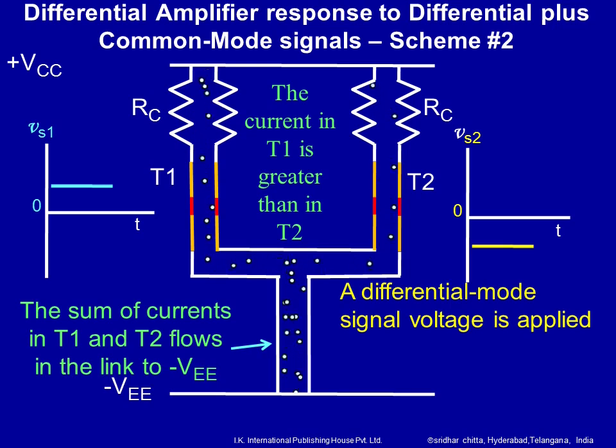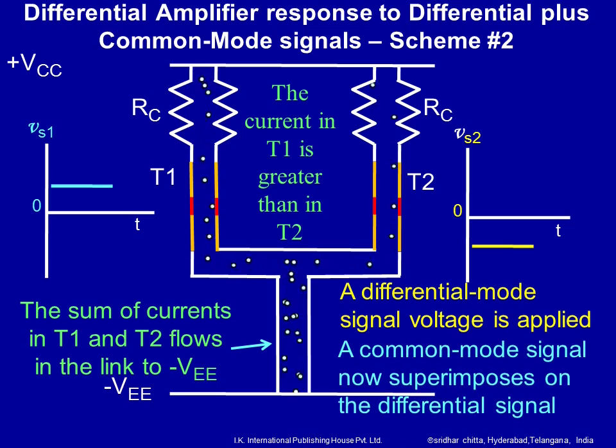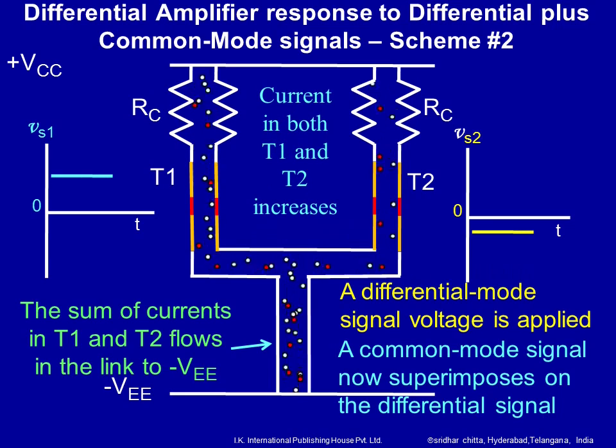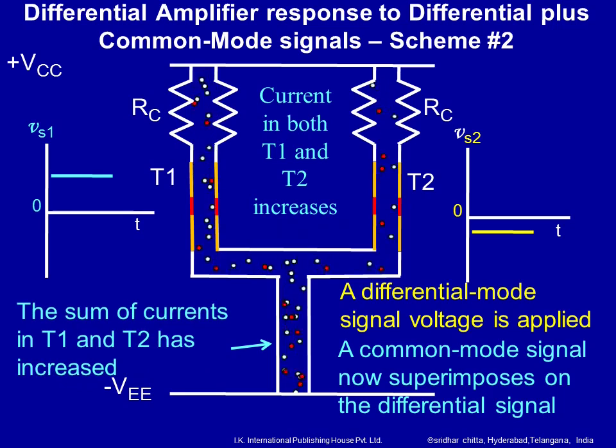A common mode signal now superimposes on the differential signal. Current in both T1 and T2 increases. Note that the sum of currents in T1 and T2 has increased.